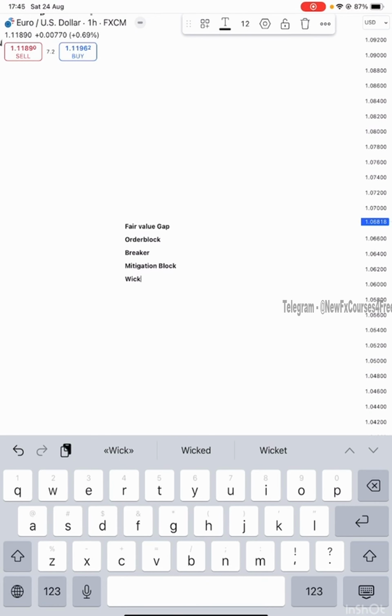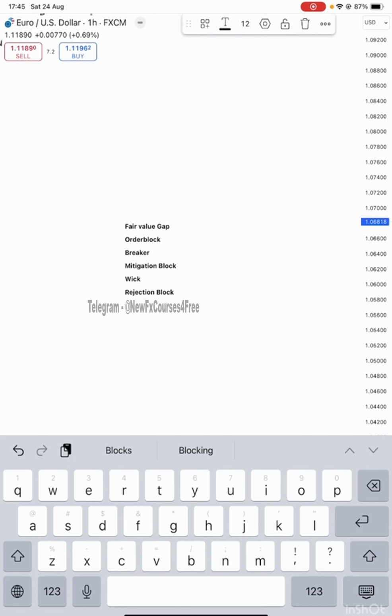I mainly, the most powerful PDA arrays are breaker, order block, fair value gap, wicks, because long wicks are gaps, and so the consequent encroachment is a sensitive point.